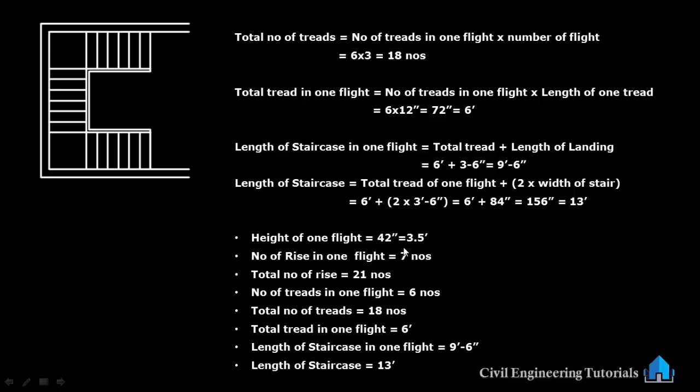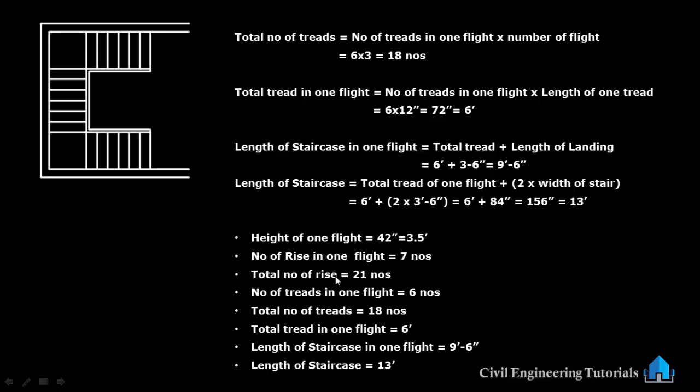Now this is the height of one flight, 42 inch or 3.5 feet, and we have 3 flights. Number of rise in one flight 7 numbers, here 1, 2, 3, 4, 5, 6, 7.